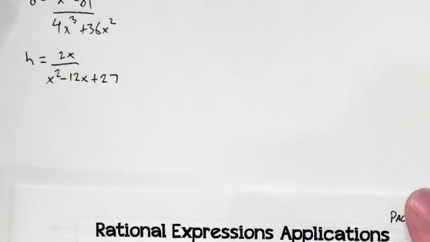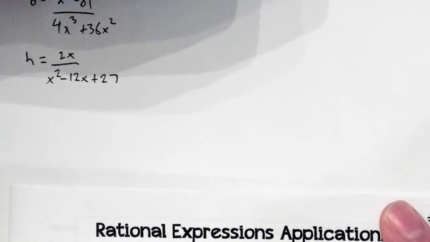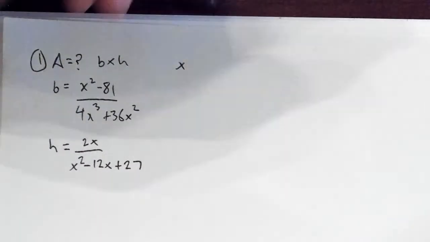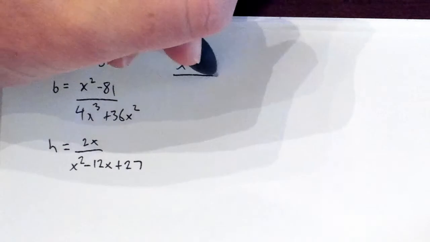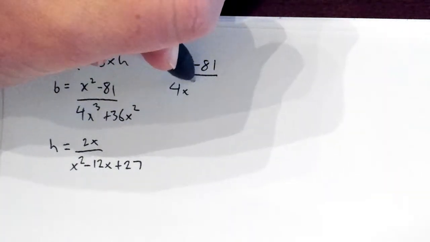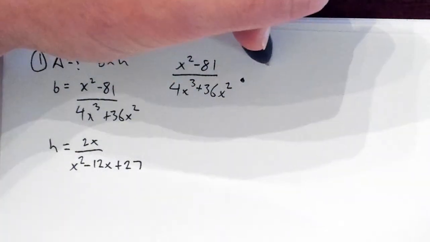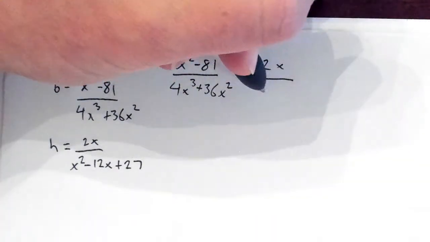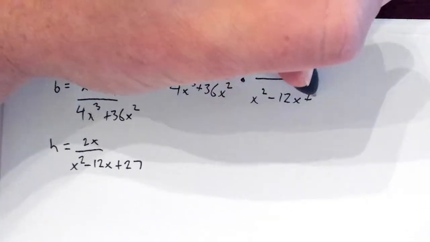We're just going to multiply these two things together to get our area, because we know area is base times height. So we take the base, x squared minus 81 over 4x cubed plus 36x squared, and multiply that by 2x over x squared minus 12x plus 27.